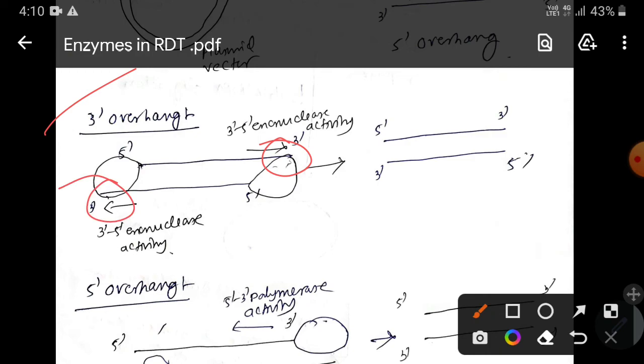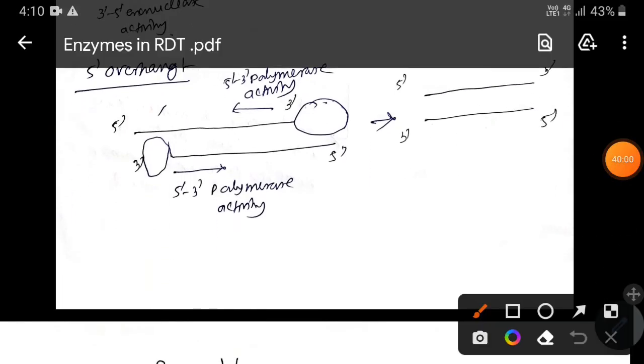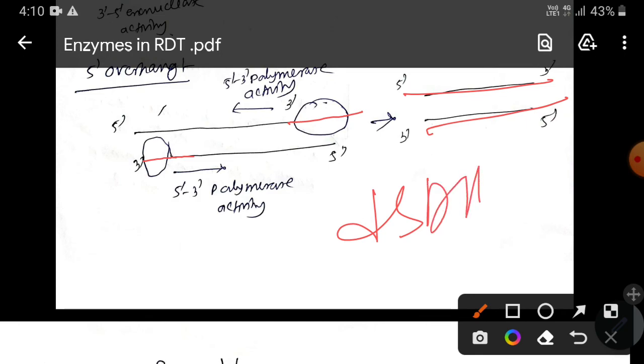As a result, a good blunt-ended DNA molecule will be generated, and in case of 5 prime end, it will simply help the recessed 3 prime end to complete its synthesis. As a result, a good blunt-ended double-stranded DNA molecule will be generated.